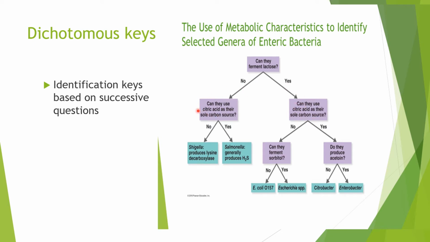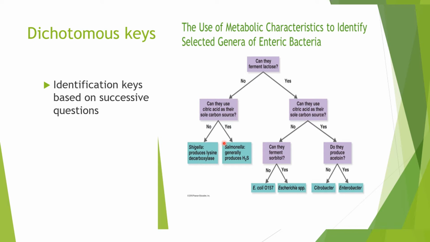If it's no, again, you usually ask the same questions and you keep asking the questions, okay, can they ferment lactose, for example, can they ferment glucose, are they gram positive, are they gram negative, under the microscope, are they cocci, or are they bacilli?